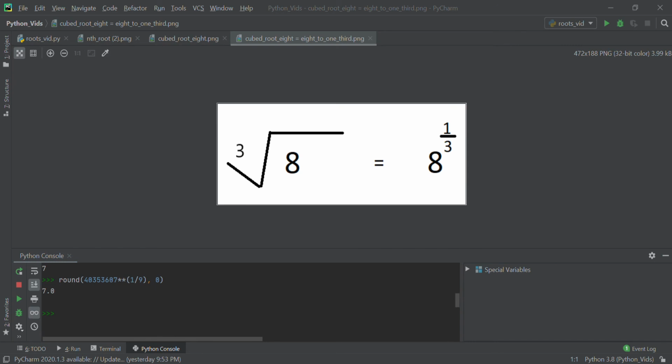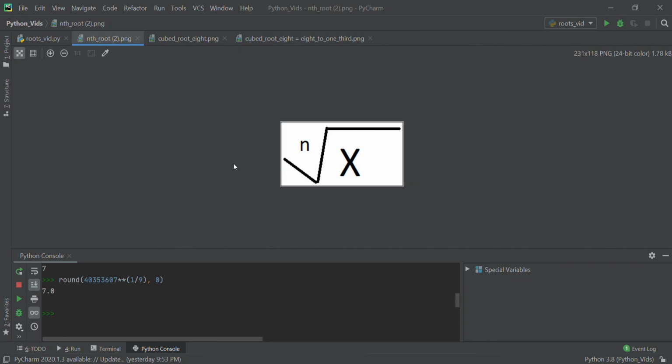Okay, so just to recap what's going on here, back to our nth root of x picture. We have the number we're taking the root of, which is the 40 million and change, and that's the x. The root we're taking, this index, the 9, that's the 9 in the 1/9.